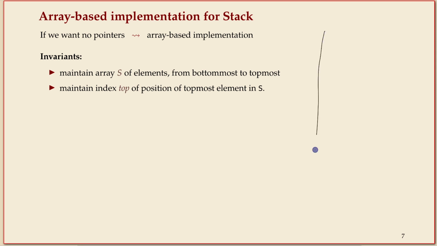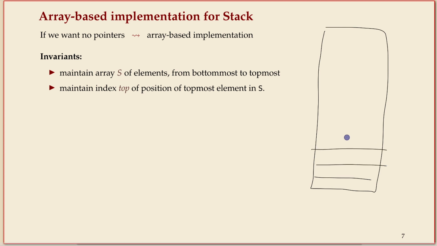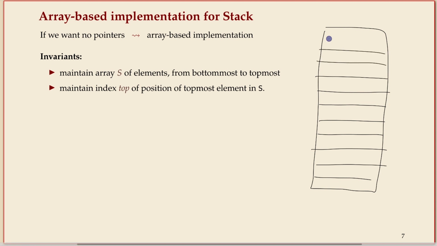And so if you draw an array, not in the usual way left to right, but kind of flipped 90 degrees, you could imagine you have a variable top that just tells you at what position is the current top of the stack. So maybe you have these numbers again, and then these are indices in the array: 0, 1, 2, 3.